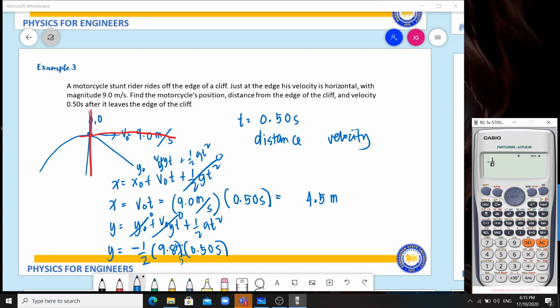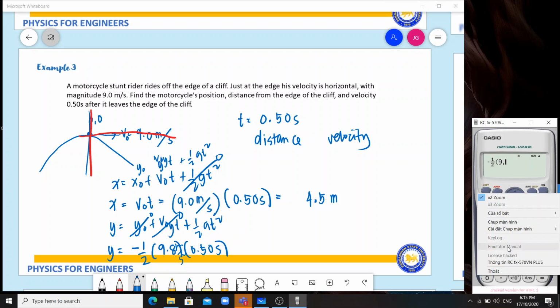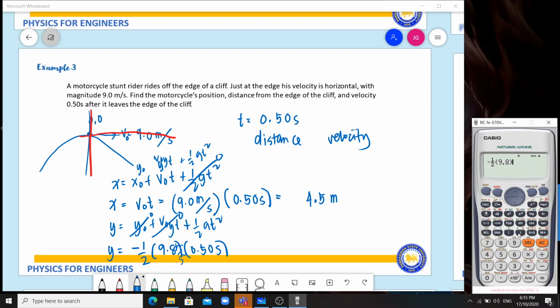Negative 1/2 times 9.8 times 0.5 squared.